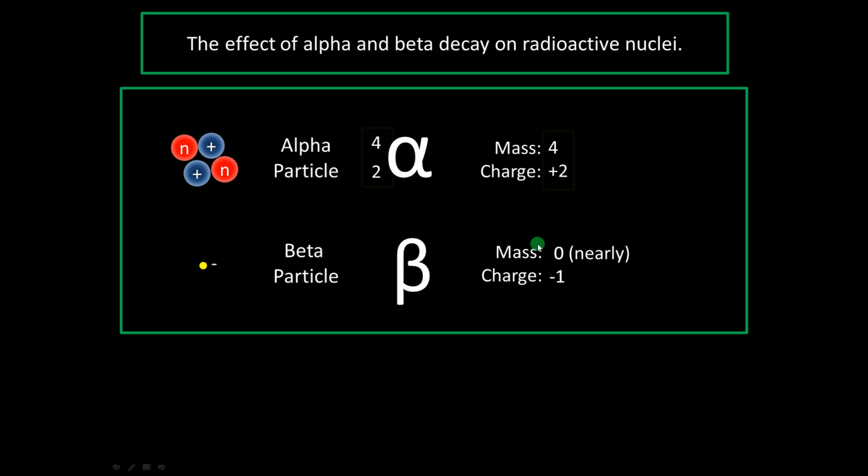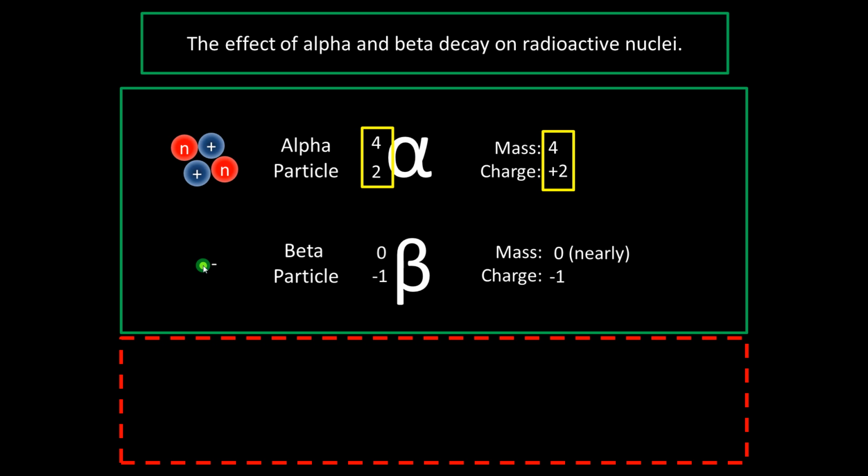So what actually happens is we write a 0 and a -1 before the beta particle. Now clearly you can't have -1 proton, so that -1 is representing the charge of the electron now, and that's going to be very important later on.